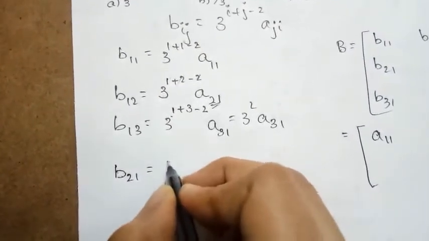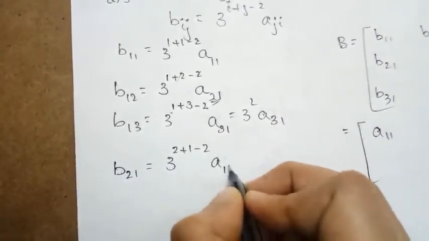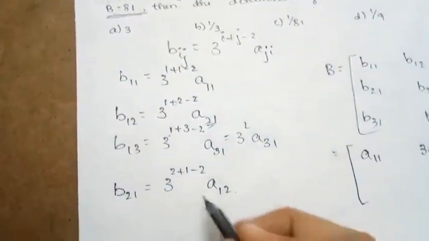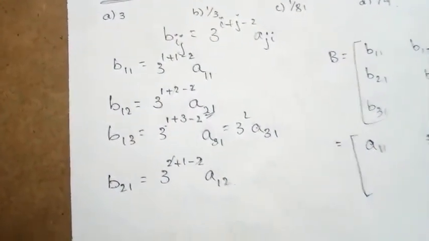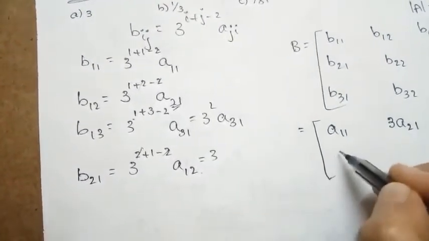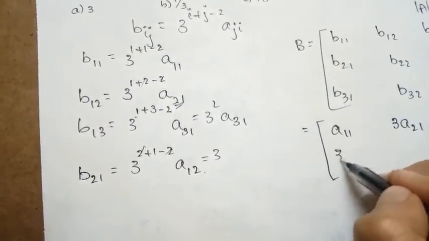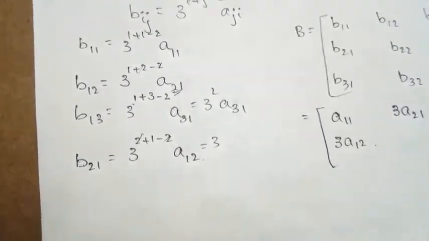So what is B21? 3 to the power 2+1-2, A12, because it is Aji. So A12. The minus 2 and plus 2 get cancelled. So it is nothing but 3A12. So our first element in the second row is 3A12.